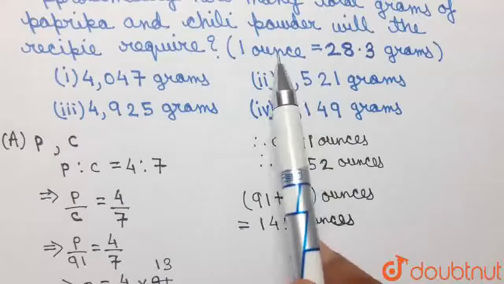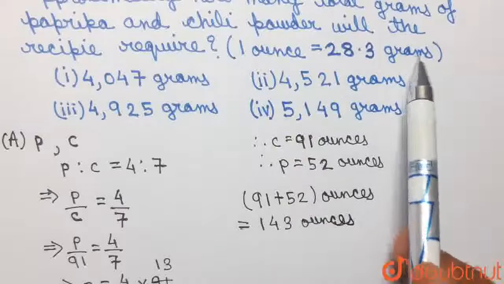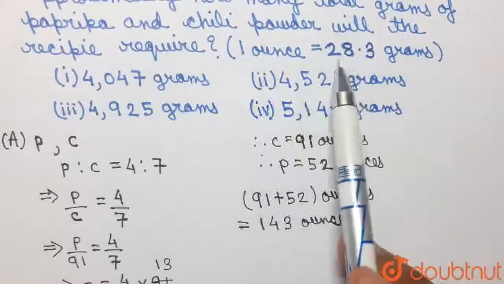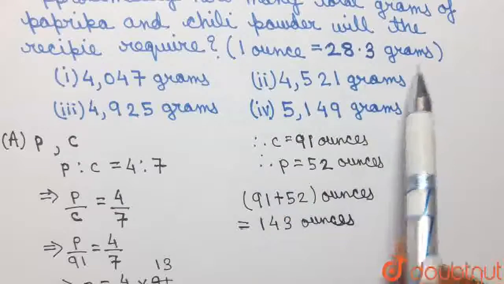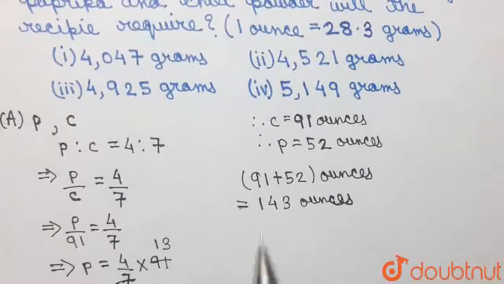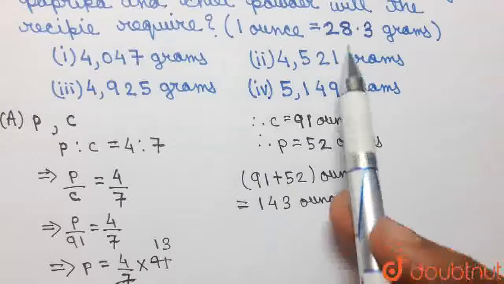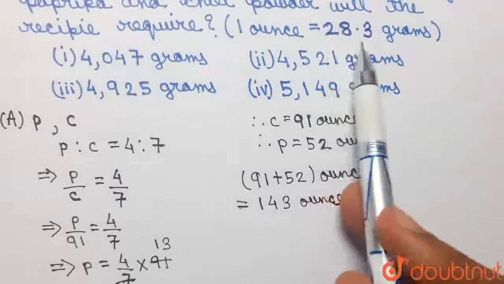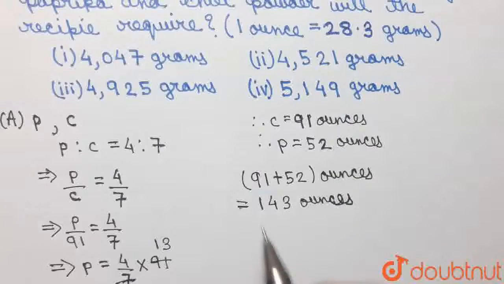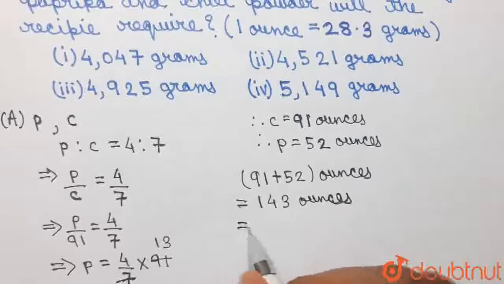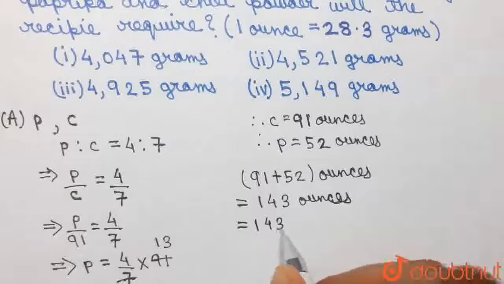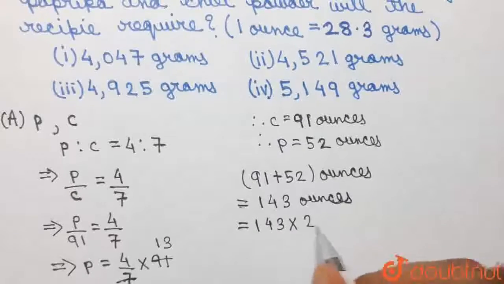As we can observe, the relationship between ounce and gram has been given, and 1 ounce has been stated equal to 28.3 grams. So in order to convert this 143 ounces to grams, all we have to do is multiply this 143 with 28.3. So 143 ounces can be written as 143 into 28.3 grams.